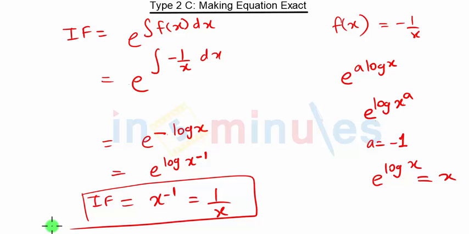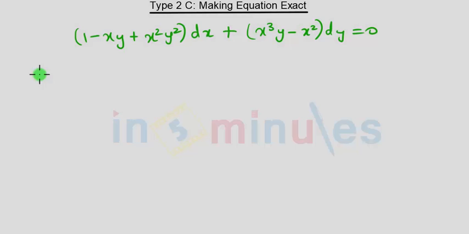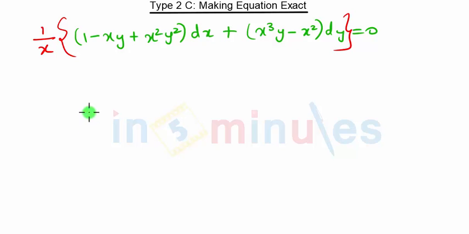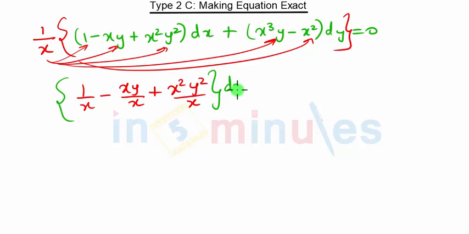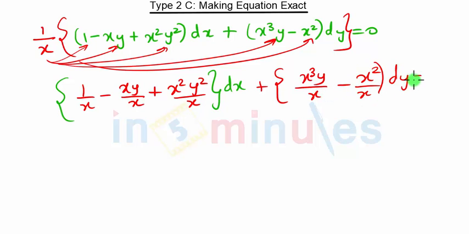Now we are going to multiply this integrating factor with the given equation. This is our given equation, and we multiply the whole equation by the integrating factor, which is 1 upon x. It will be multiplied with all the terms: 1 upon x minus xy upon x plus x square y square upon x, into dx, plus x cube y upon x minus x square upon x, into dy equal to 0.